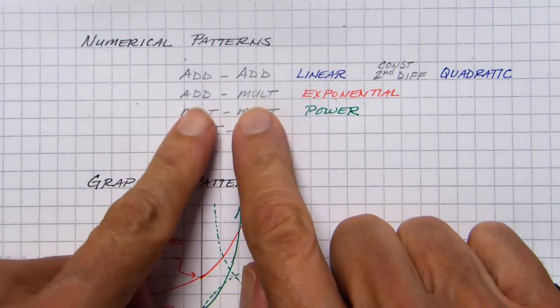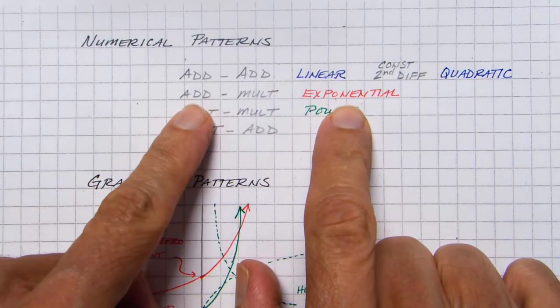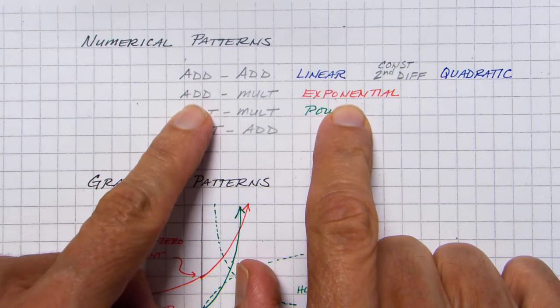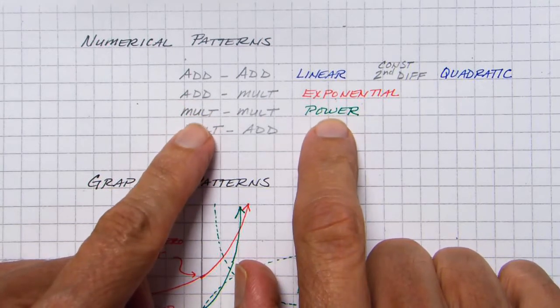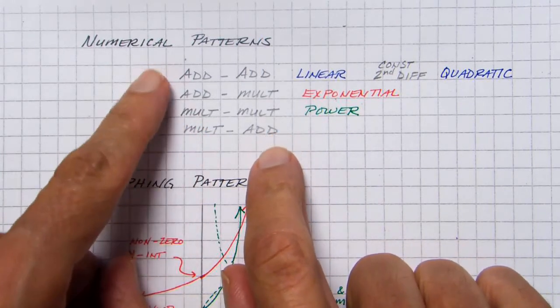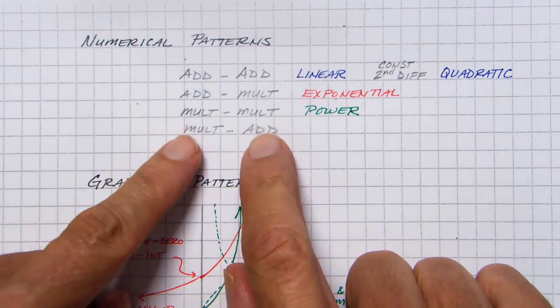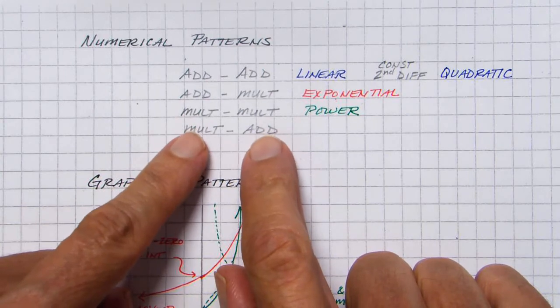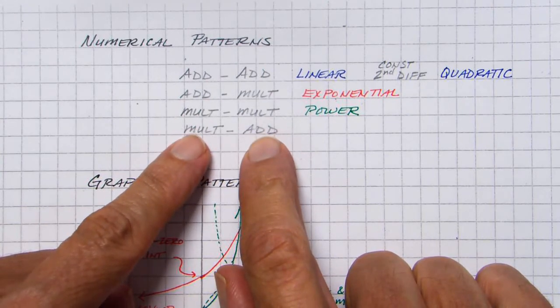You then have the add multiply, which is very typical of exponential functions, and then the multiply, which is very typical of power functions. But as you start playing around with the words add and multiply, you realize there's one more combination we could look at, which is the multiply add pattern.